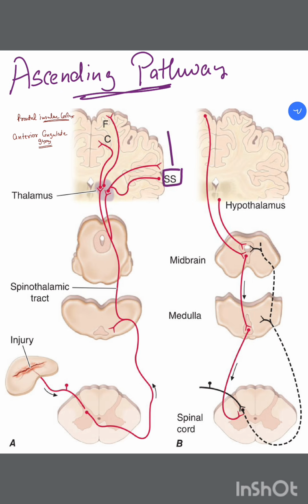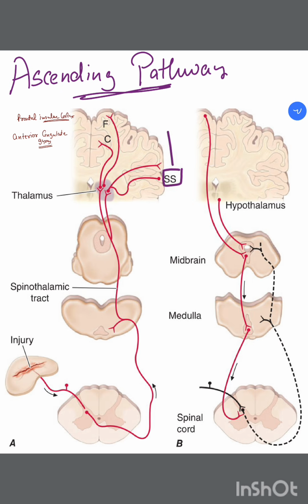So, whenever there is a pain, say for example, if I pinch you, you immediately come to know that I have pinched you on your right arm. It is severe. I have pinched you so hard, and it is going to trouble you.